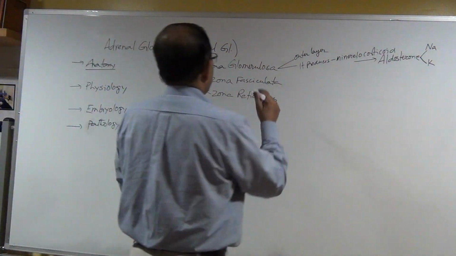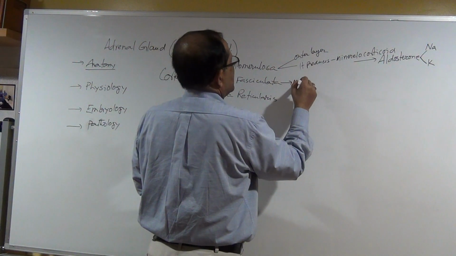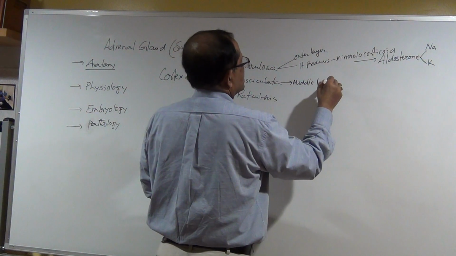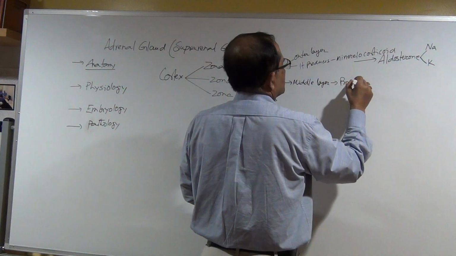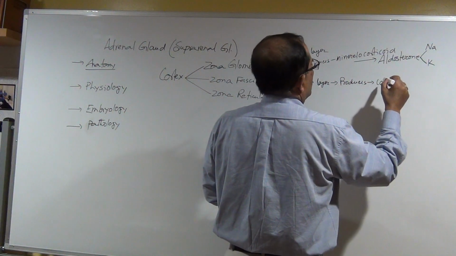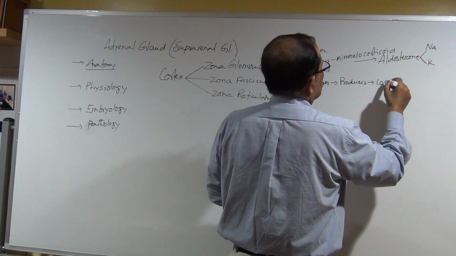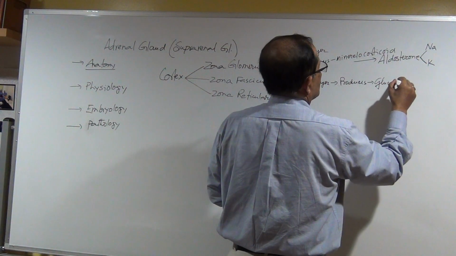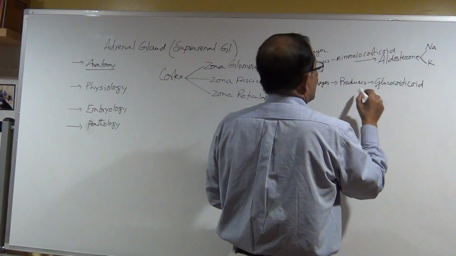So now, zona fasciculata is the middle layer. And it produces glucocorticoids. It produces the glucocorticoids.